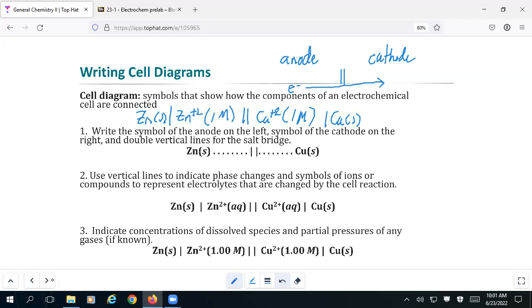You can also do it the way that the book is describing, where you just build it from outside in. You start with the 2 electrodes. You put a single line to divide the electrodes from the solutions. You describe the solutions. And then there's the double line for the salt bridge between the 2.